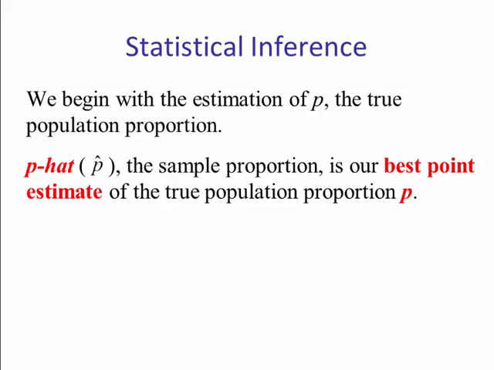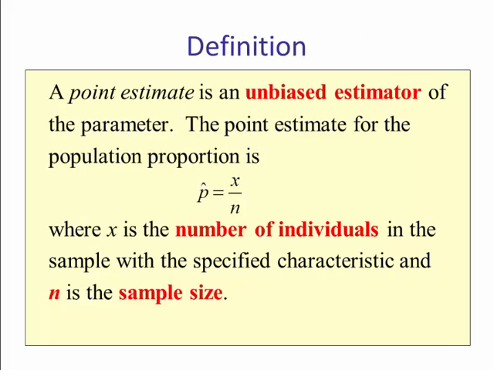So we're going to use p hat to estimate p. A point estimate is an unbiased estimator of the parameter. The point estimate for a population proportion is p hat equals x divided by n, where x is the number of individuals in the sample with the specified characteristic, and n is the sample size.